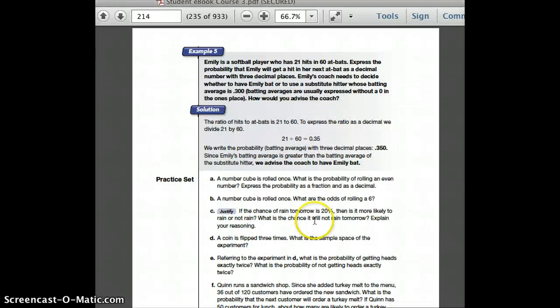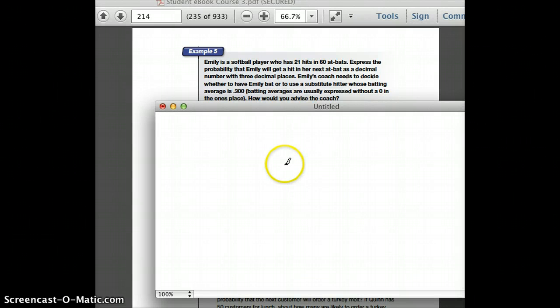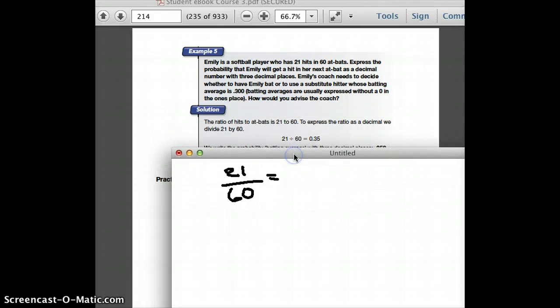So we can set that up as a fraction, 21 out of 60. And what you do with a fraction, remember that means division, just go ahead and divide it. If you divide it, you're going to get her average to be 0.35. Remember that we want to express this with 3 decimal places. Well, you just add a 0 there, so 0.350.